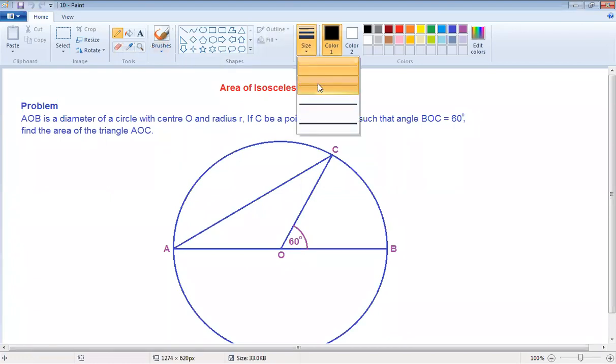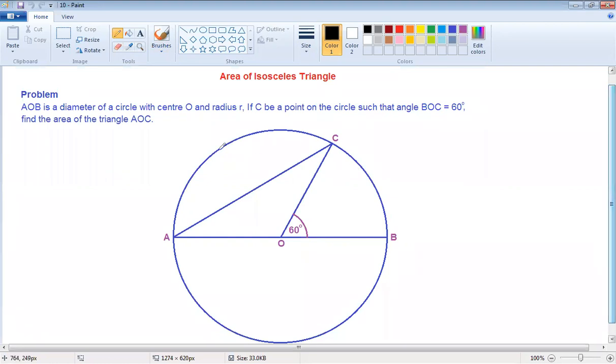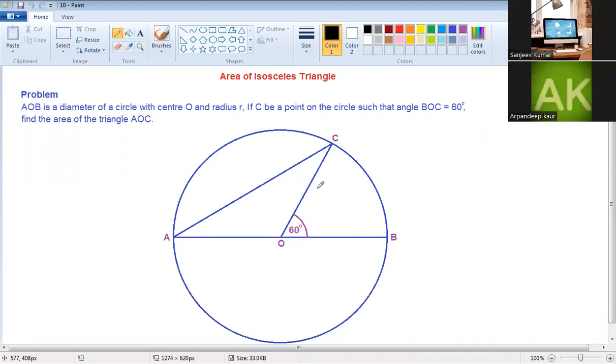Sir, yes. So the problem is that, as seen in the figure, AOB is a diameter of a circle with center O. So AOB is a line passing through the center O of the circle.